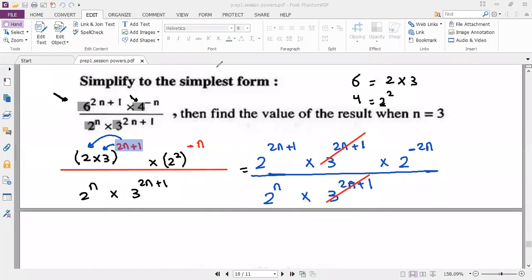And we have like bases at the top. We have 2 and we have 2. So write 2, and because we are multiplying, we are going to add powers. The first power is 2n plus 1, plus the other power, negative 2n. So the power is 2n plus 1 plus negative 2n, over.